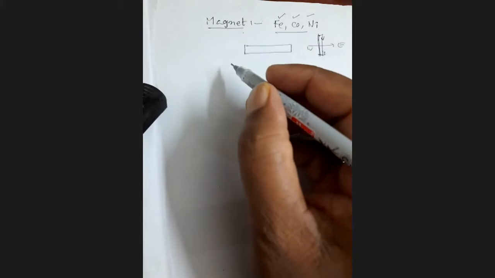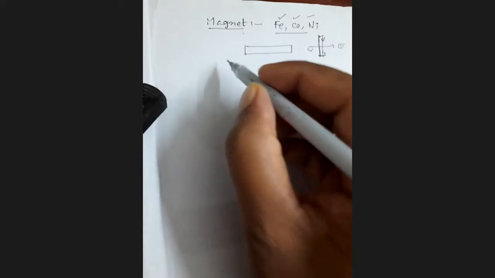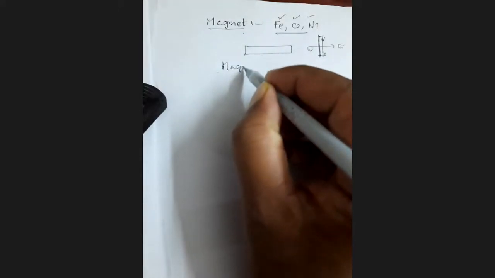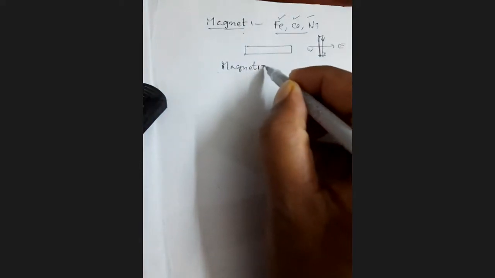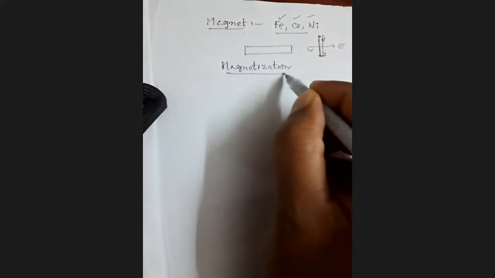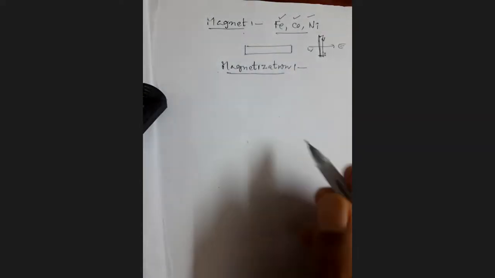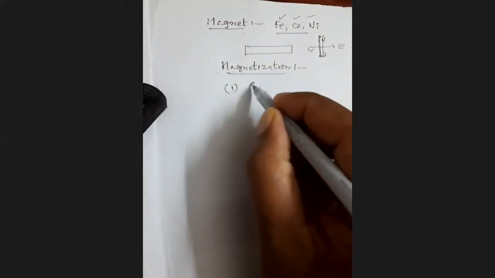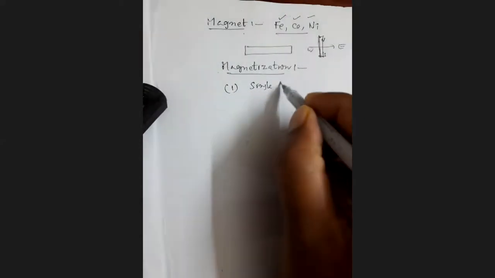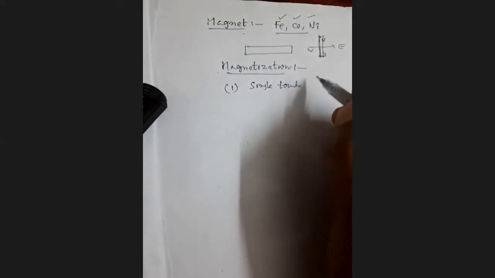The method of converting a material into a magnet is called magnetization. The method of changing a magnetic substance into a magnet is called magnetization. There we have different methods. One is the single touch method.